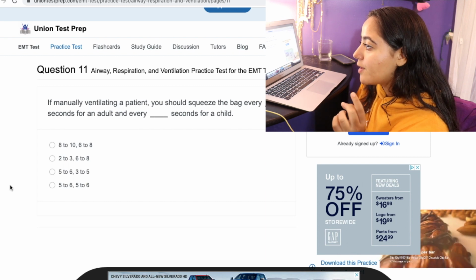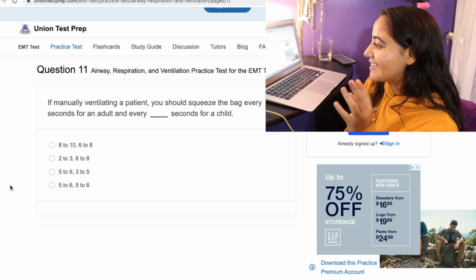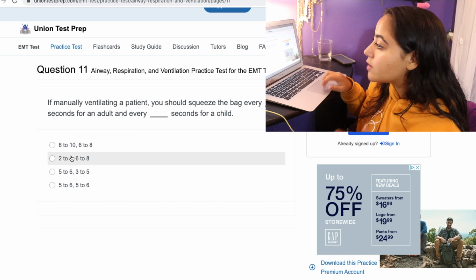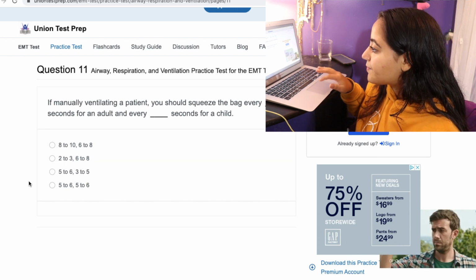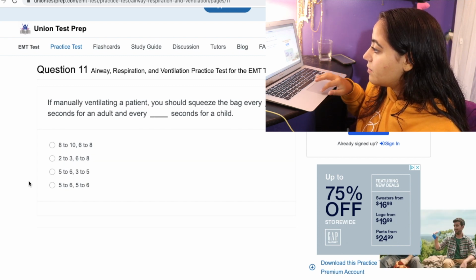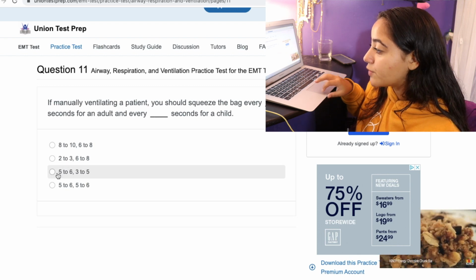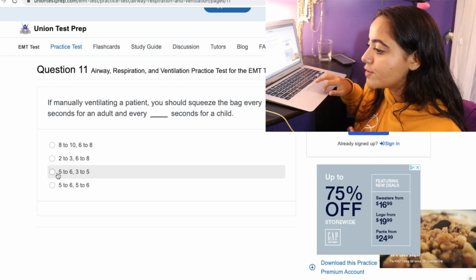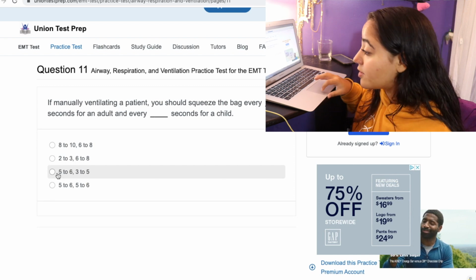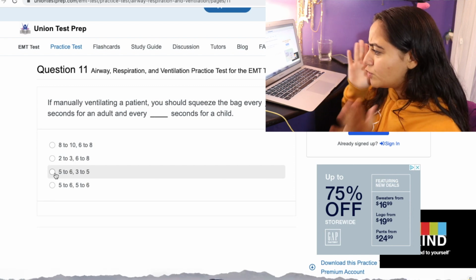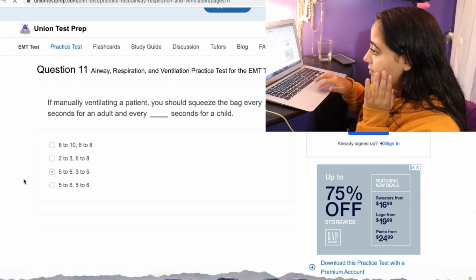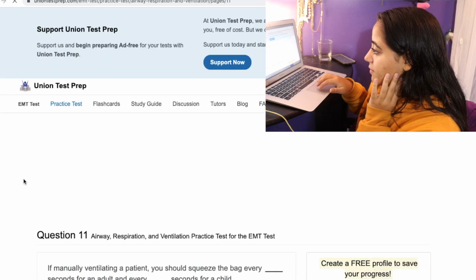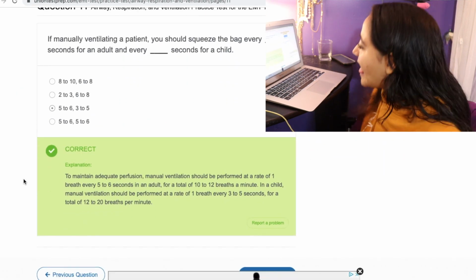I know I'm practicing how I did on the mannequin. I'm gonna go with 2 to 3. No. I'm gonna go 5 to 6 for adults and 3 to 5 for children, because children breathe faster, or whatever. Let's go with that one. Ah, it's correct. Woo, okay.